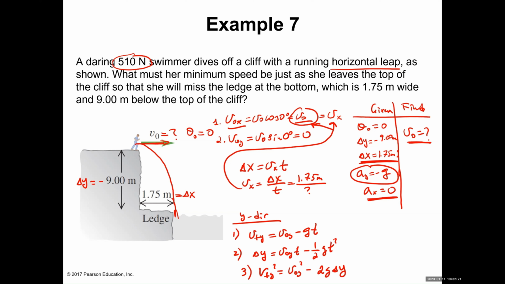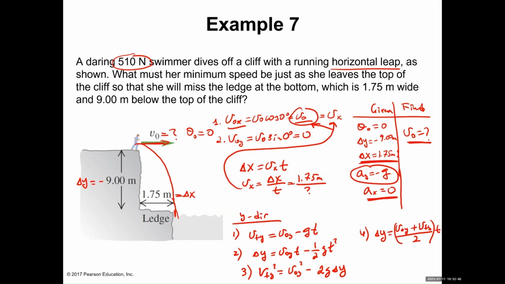So I can use these equations, and you should be able to see that at least equation 1 and equation 2 have time included. Let me put the fourth one too so you can see: delta y equals v initial y plus v final y over 2 times time, because it also includes time.